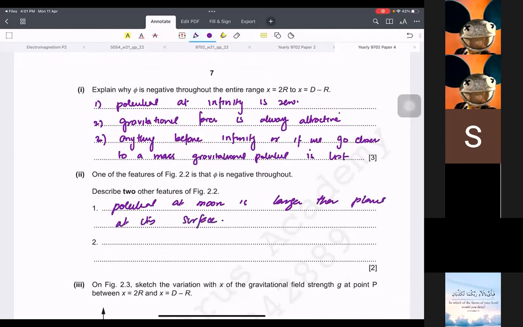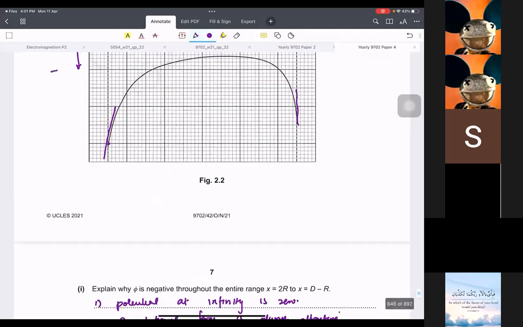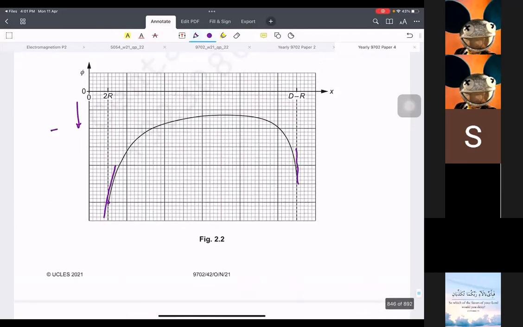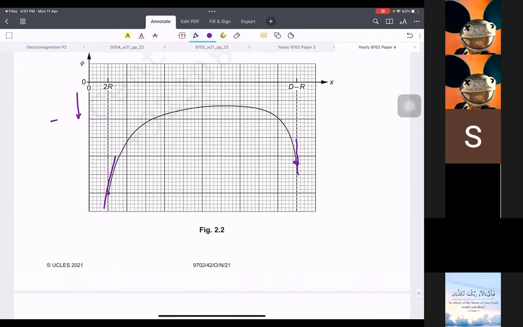Now, why am I writing larger? Because the smaller the negative value is in magnitude, the higher the value is considered. Okay, that's it.